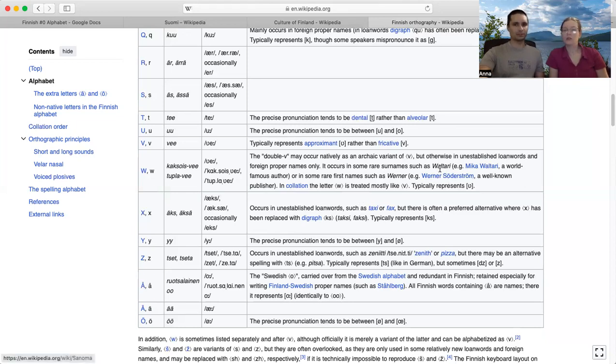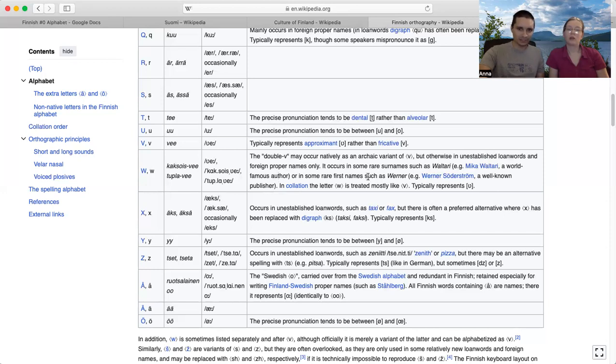W is only in foreign words. We have also names such as Mika Waltari. Waltari is the surname, but we say Valtari. But was he a kind of Swedish author? No, it's not. He was born in the 1900s. Oh, world famous.